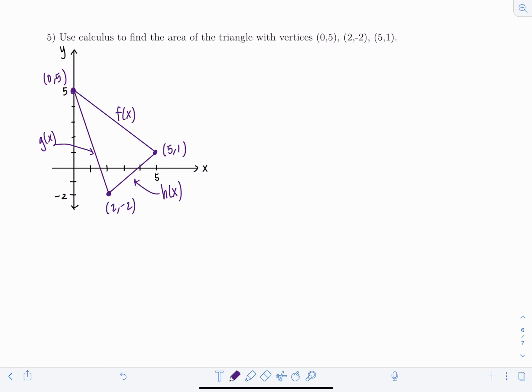And we are going to have to split it here at (2, -2), because the function at the bottom switches from g of x to h of x. So I have two separate areas that I'm going to find. This one, and then I'm going to add it to this one to get the area of the triangle.